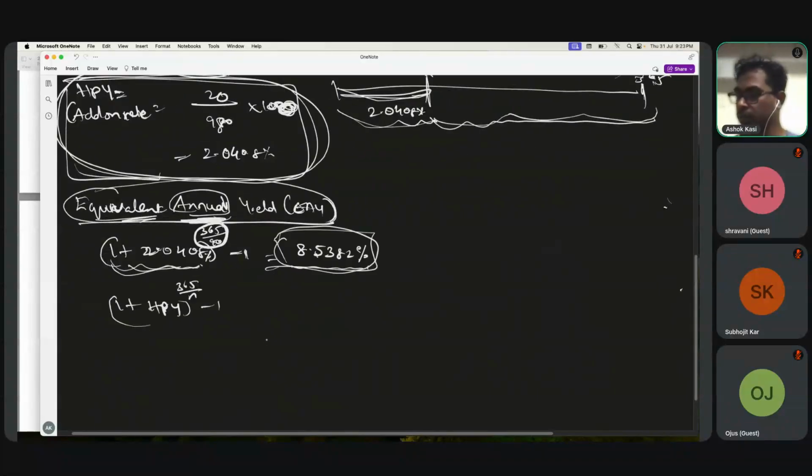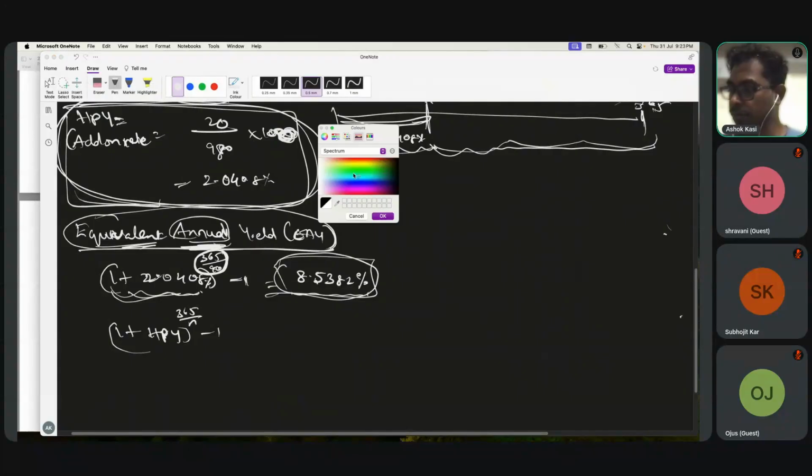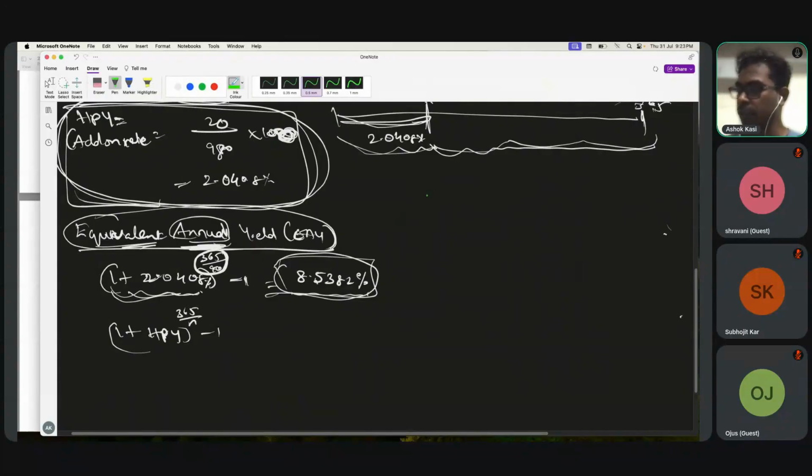Now from here I want to go for another one called bond equivalent yield. Remember when we were doing bond accrued interest, it was a very simple way we were calculating it.